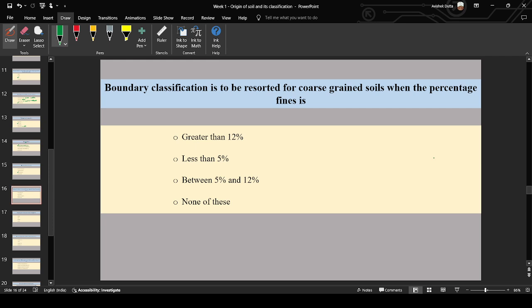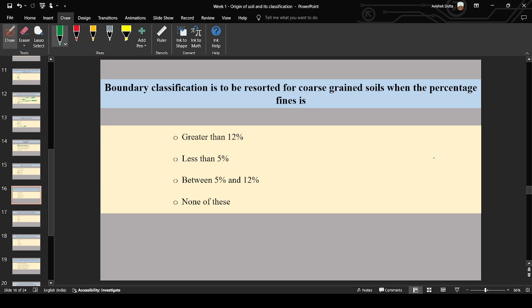Boundary classification is to be resorted to for coarse grain soils when the percentage fines is... Now, this classification system is first of all dependent on the percentage of fines.